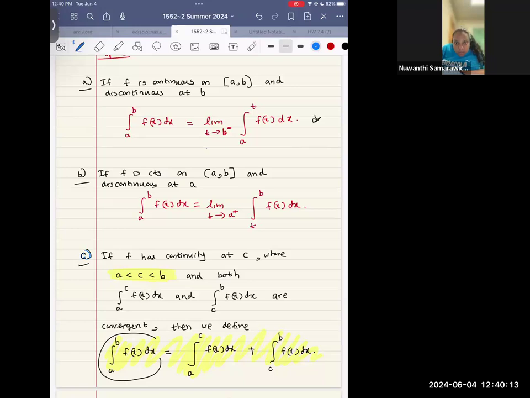When the denominators are more complicated... Yes, Kyla, good.